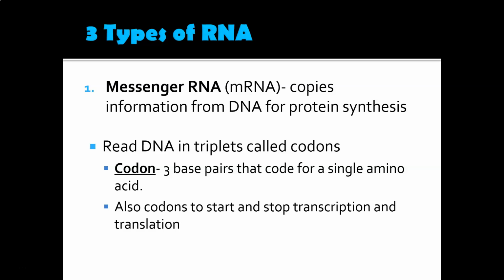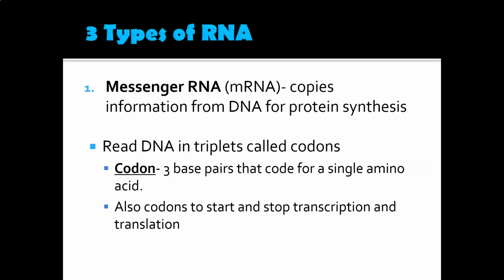And think about it if you've ever done a cipher puzzle before, where you had numbers or letters that corresponded to something else and ultimately gave you a message at the end. So for a codon, every 3 bases in either my DNA or my RNA will ultimately give me the information for a single amino acid. So that means a 12 base pair code gives me the information to make 4 amino acids.